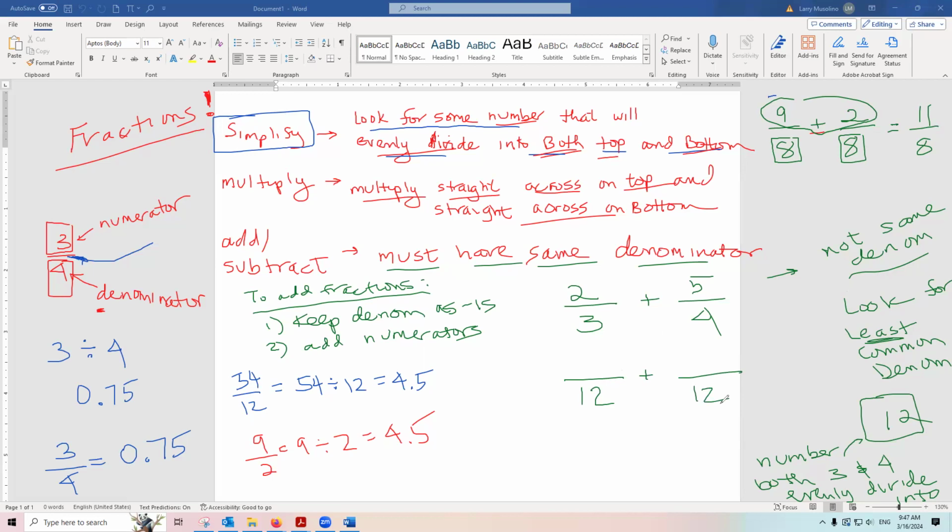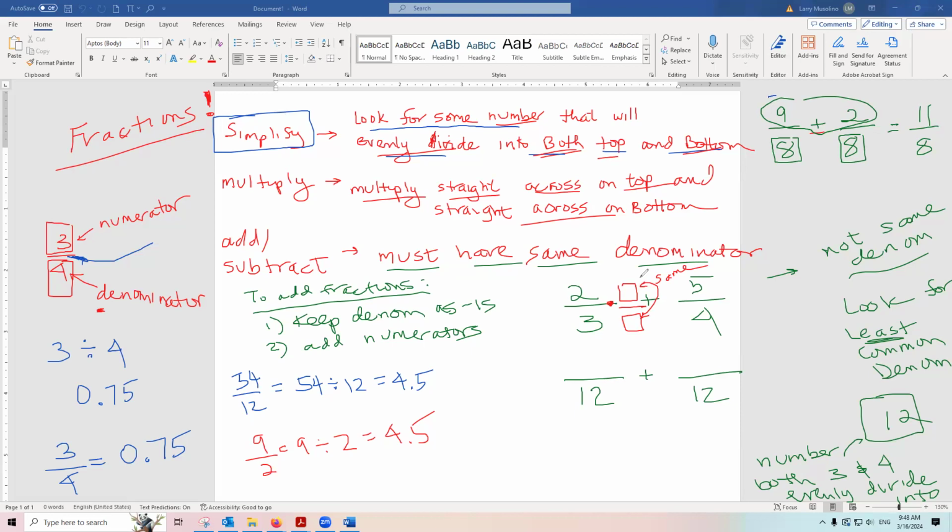All right, so how am I going to do this? Well, what you're allowed to do is for any fraction, what you could do is multiply the fraction times some number over itself, as long as these red boxes are the same number. So as long as I keep these red boxes to be the same number, I could put any number I want in these red boxes. Well, let me look at the bottom.